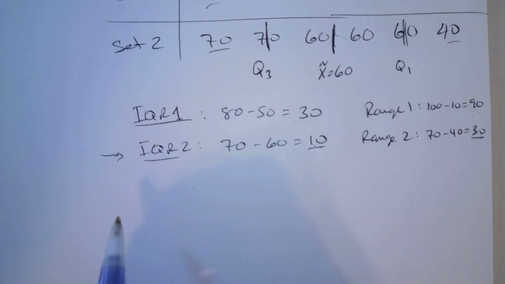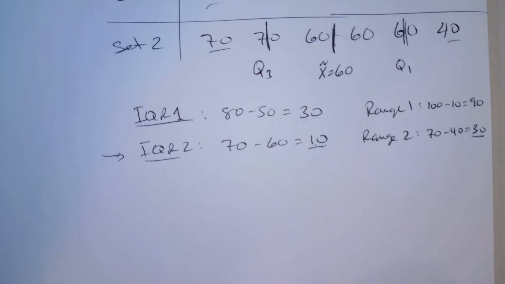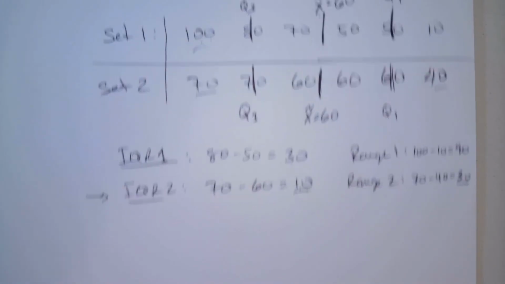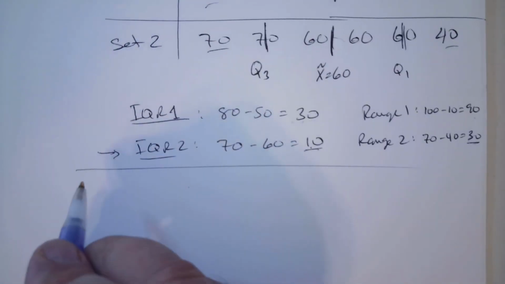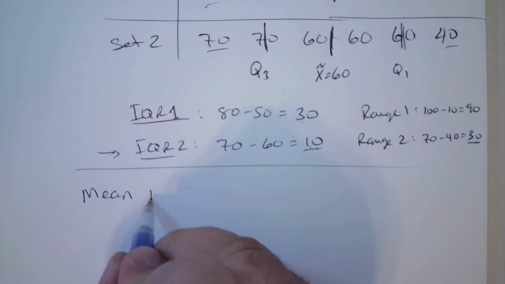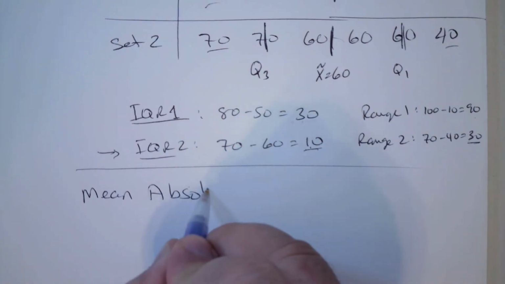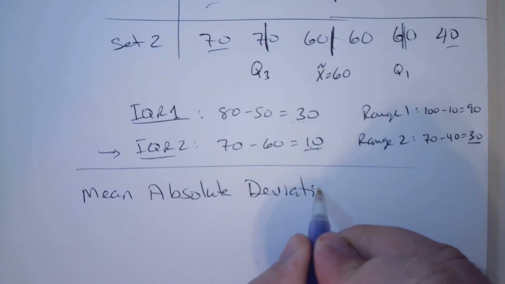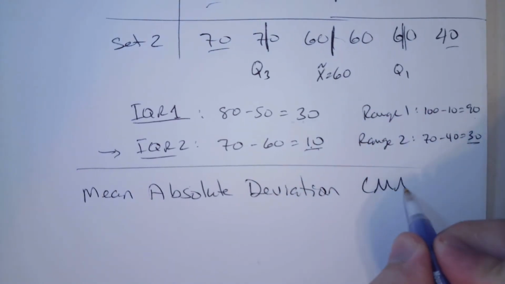All right, now let's look at the mean absolute deviation. We can't tell too much with what we know so far. These are pretty close, but let's see what we can do with them. Mean absolute deviation, or MAD.